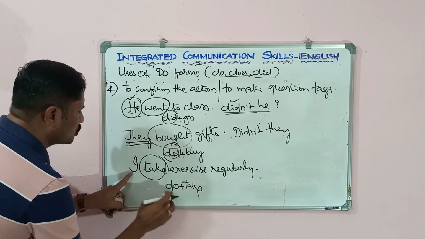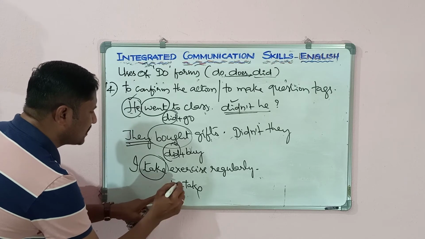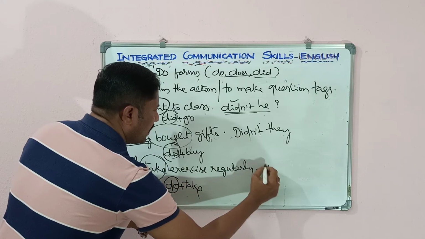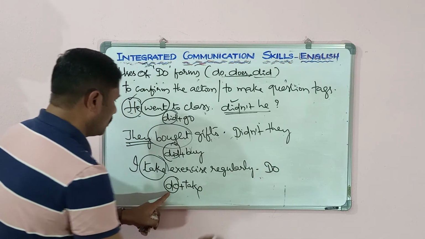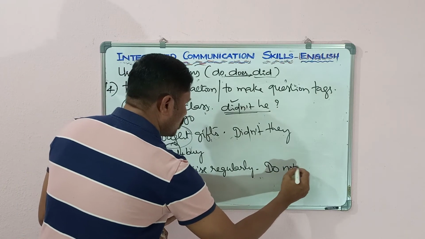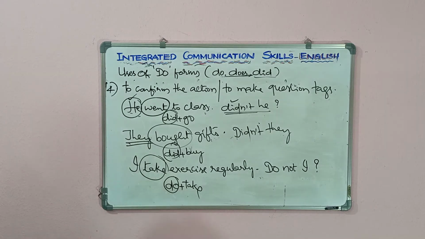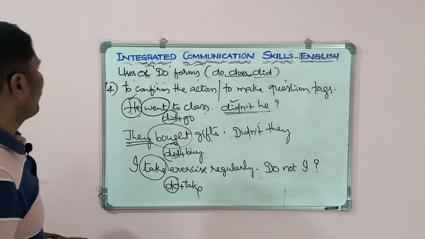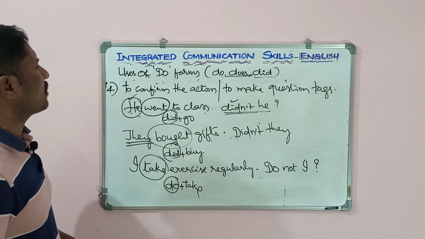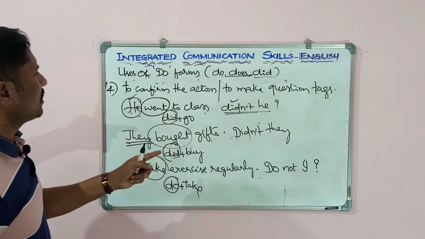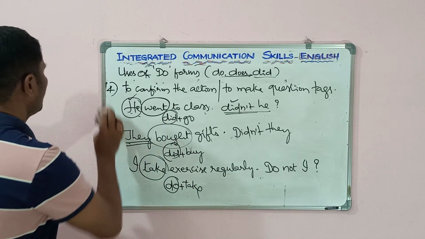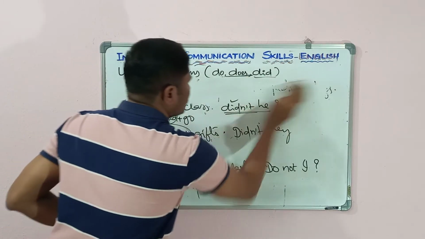So write the do form at the beginning, add not: do not, I, don't I, like this. So this is how we can confirm the action, or make question tags for sentences using do forms.